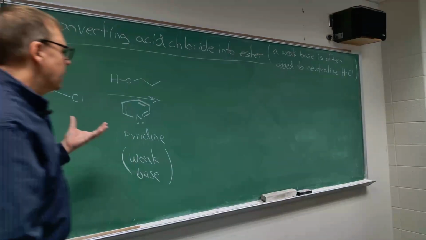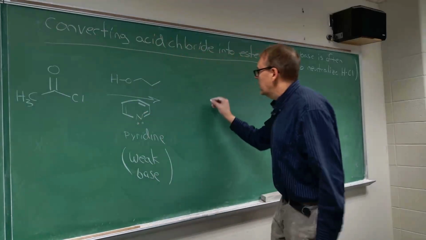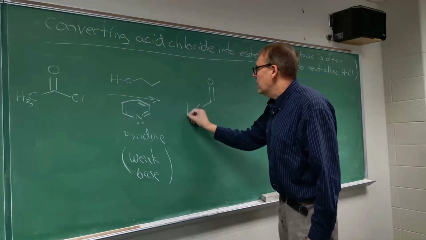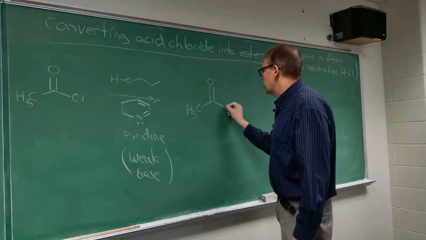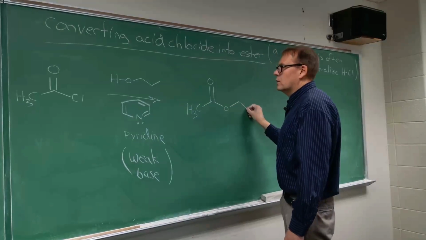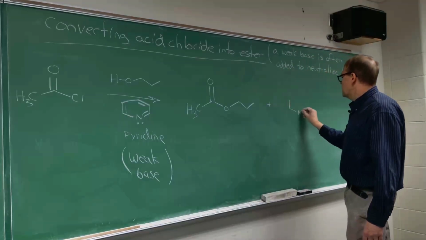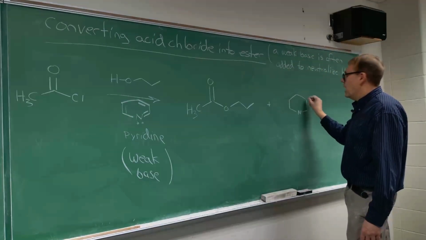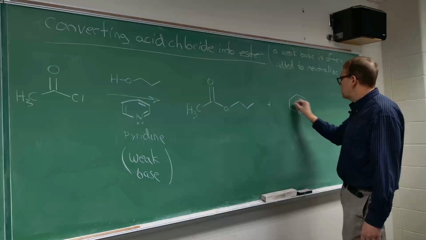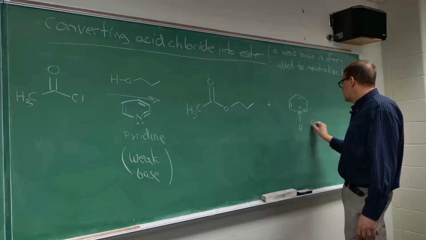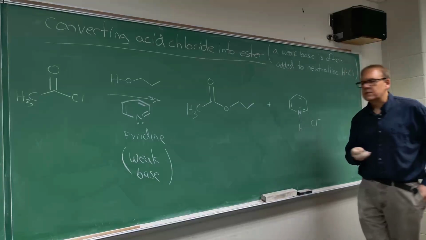So the final product, when this is all done, I'll show you the product and then we'll go through the mechanism, is you get an ester, and you also get the pyridine having grabbed a proton, and it becomes this salt species.